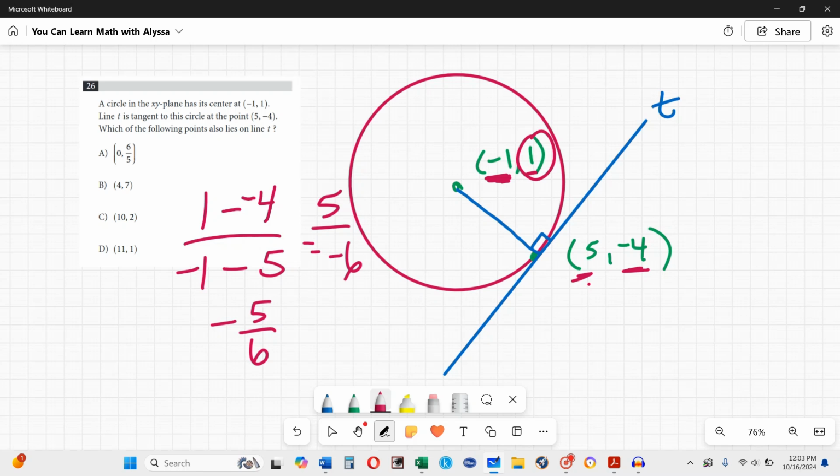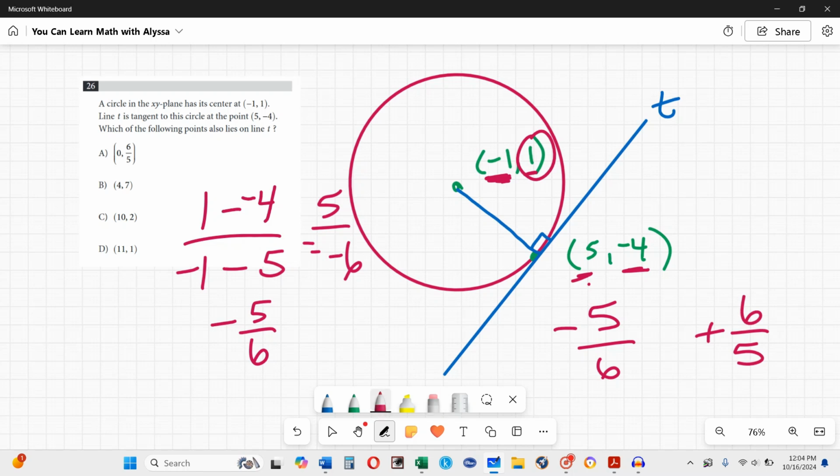Now, to get from one line to the other one that's perpendicular, you're going to take the negative reciprocal, the opposite reciprocal. This one's negative, so my other slope for line T must be positive, and the reciprocal of 5/6 is 6/5.